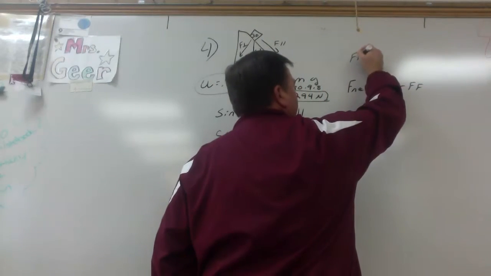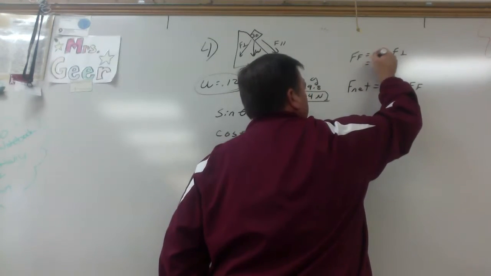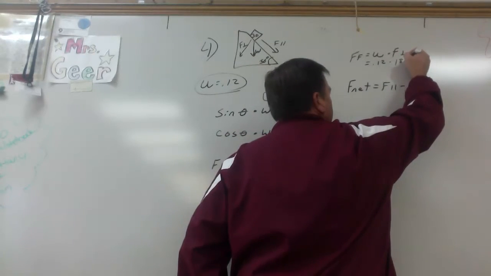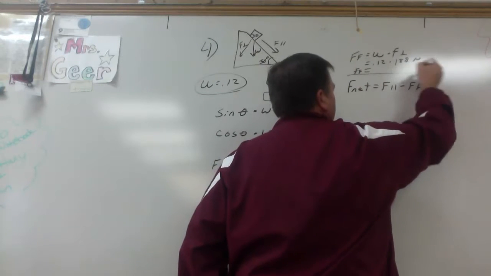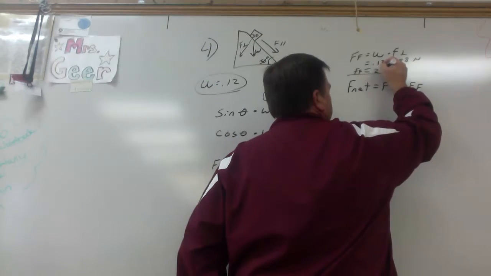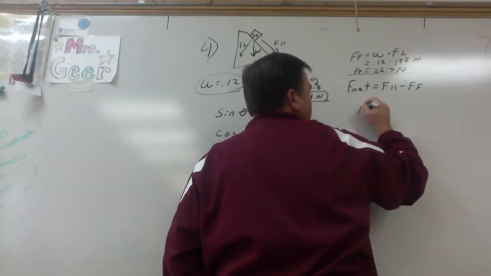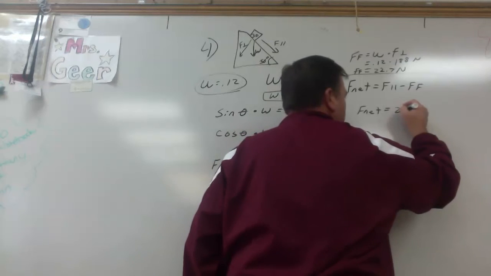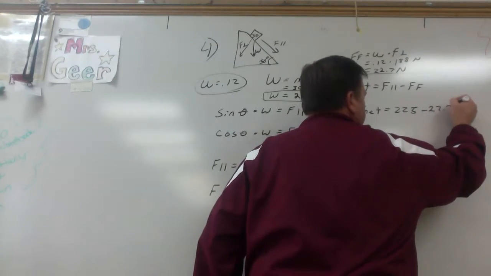Force due to friction is the coefficient of friction times force perpendicular, so that's 0.12 times 188. What is that number? 22.7. So force net equals 225 minus 22.7.